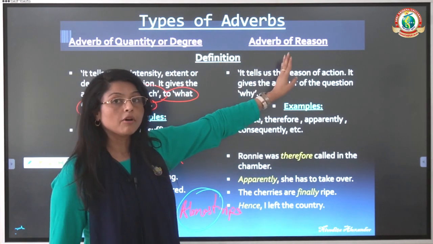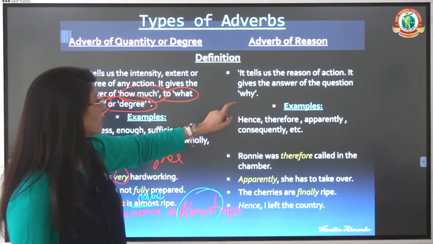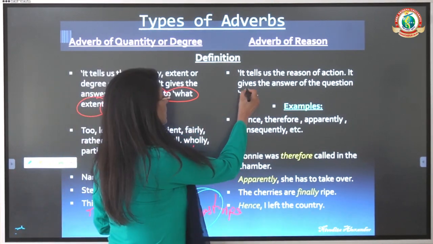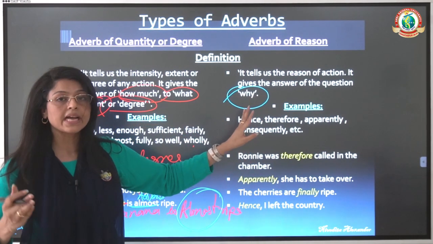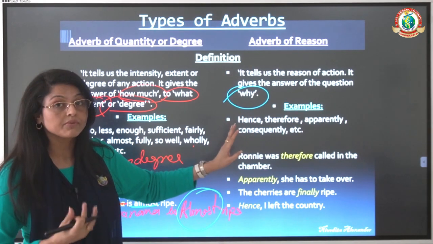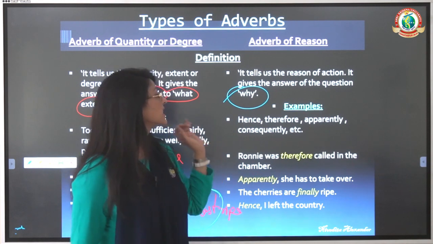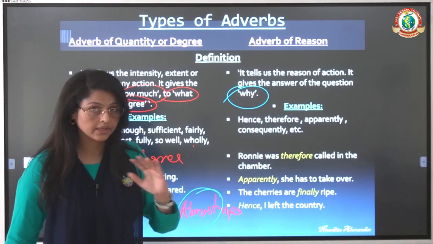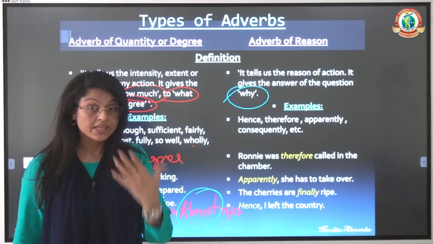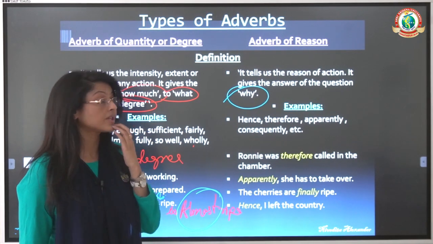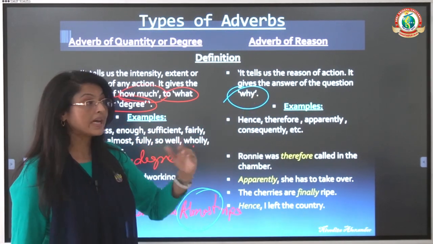It is an adverb of reason, why anything is happening. So, see, I told you, it poses the question, if anything is happening, why it is happening. It is asking for the reason. So here, it tells us the reason for an action, it gives the answer to the question. Clear? The question is why. Why is something happening?